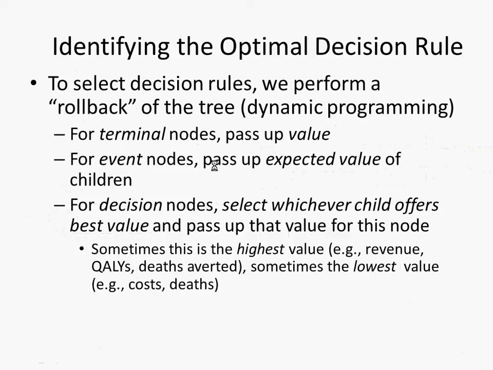It's there that we're trying to give a recommendation because it's there that we could choose which decision to make, what we want to do. Event nodes we can't control. It's like, will the temperature be high or will it be low? Well, I don't know. I'm not there to control it.